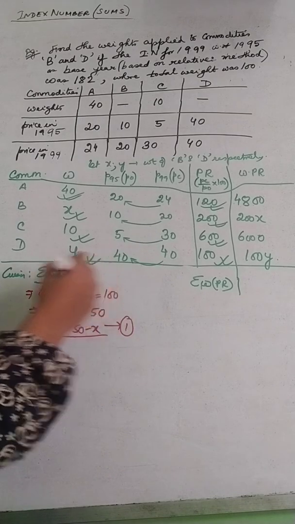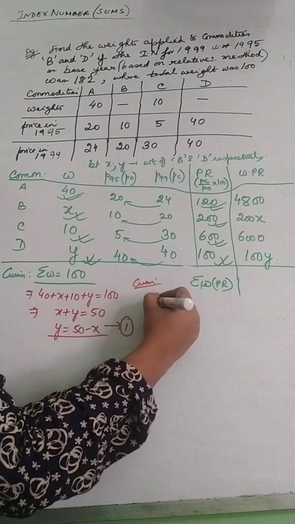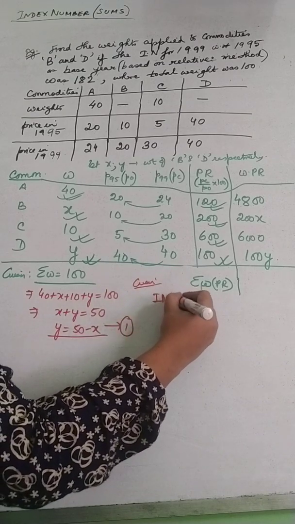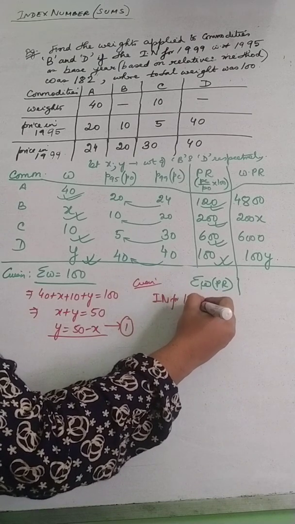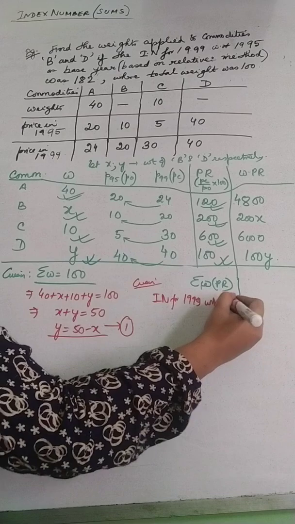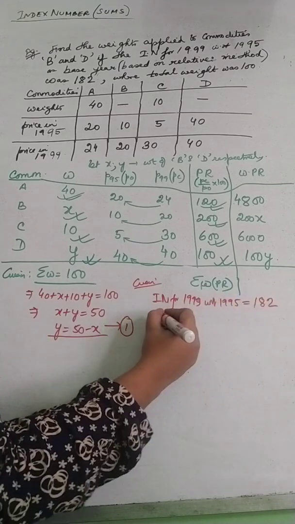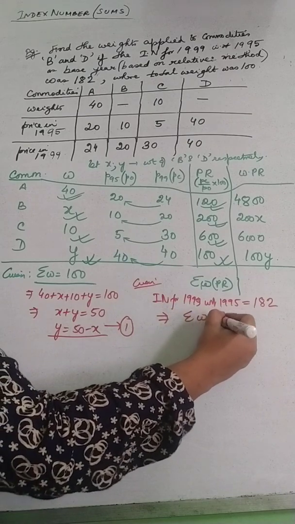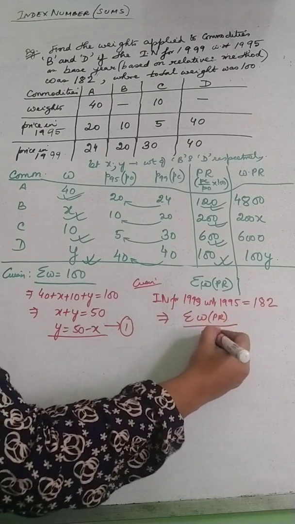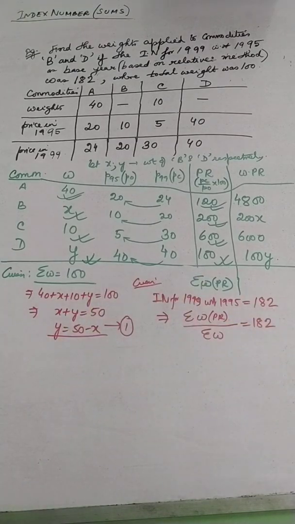Summation WPR, what is given? It is also given that the index number for 1999 with respect to 1995 is 182. This means summation of WPR by summation of W is supposed to be 182, because it's not for a single commodity, it's for a group of commodities.